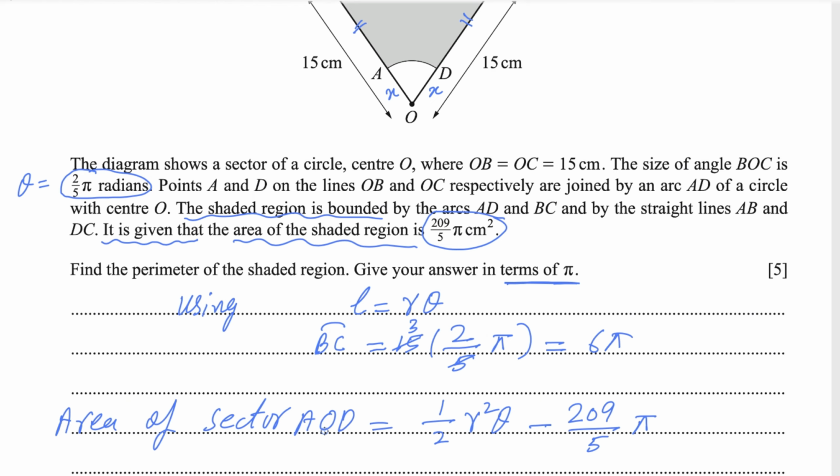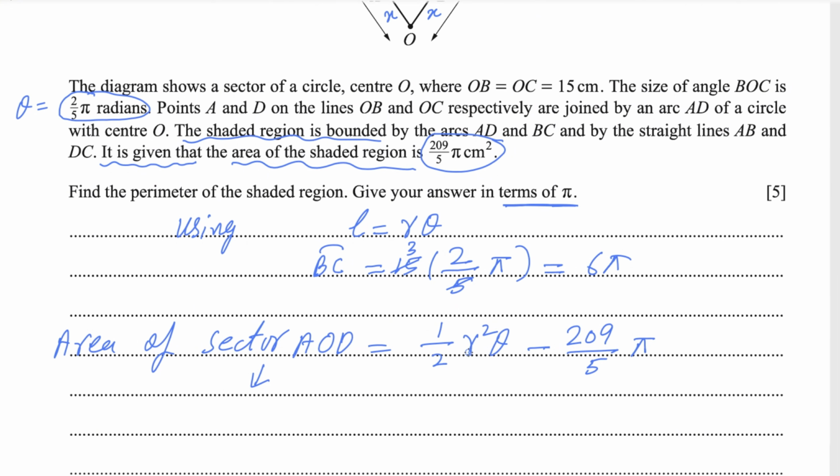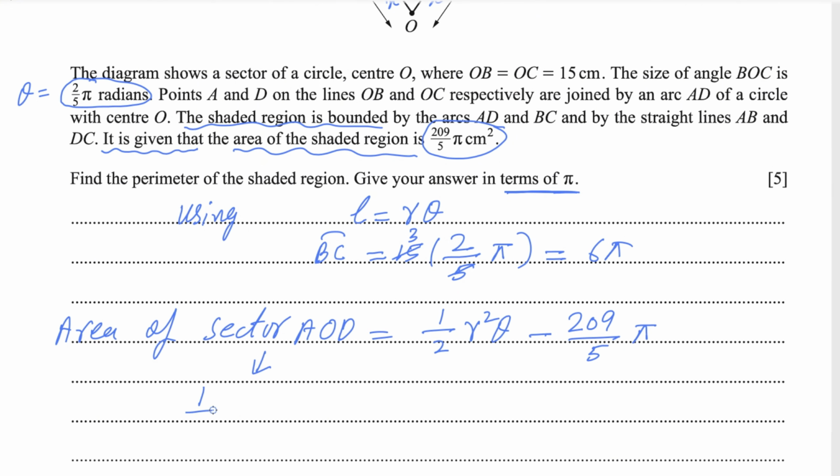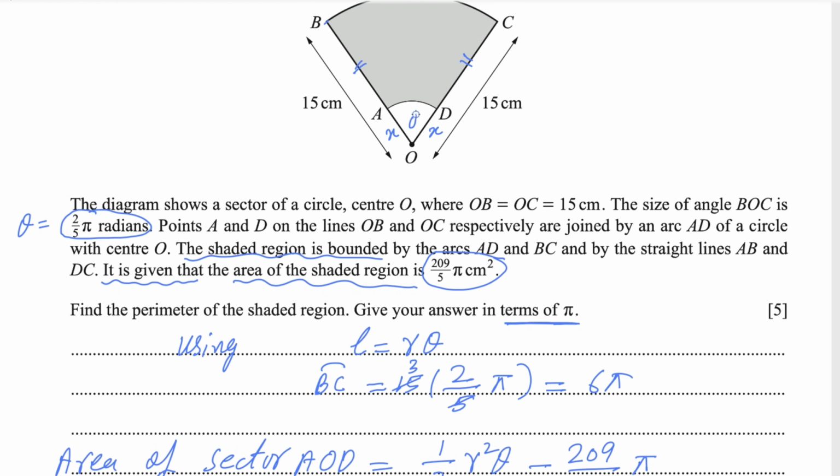But our purpose is not to find the area of the sector; our purpose is to find the radius of the small sector. Here again you apply the same formula with x instead of r, so 1 over 2 x squared theta. Theta is the same for both the small and big sectors.